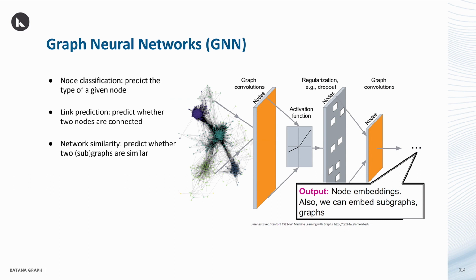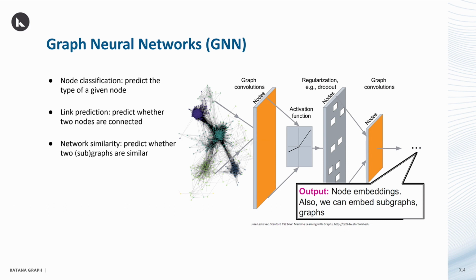Then the convolution is simply a convolution on the adjacent neighbors in the graph. So graph convolution is defined in these spaces. And in graph neural networks, in addition to graph convolution, you have traditional neural network functions like activation functions, regularizations, and so on.